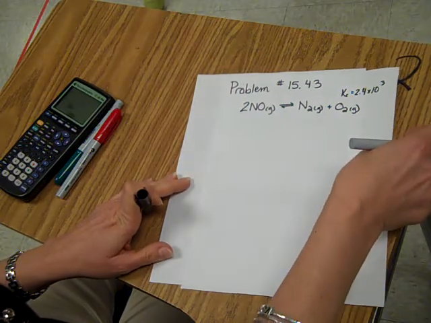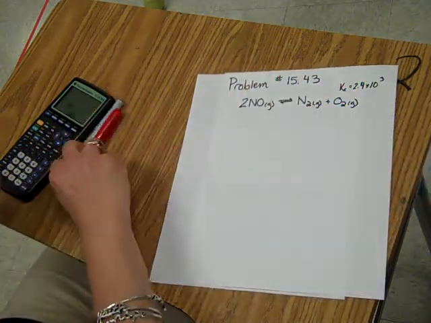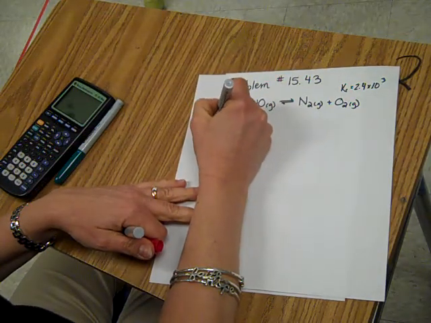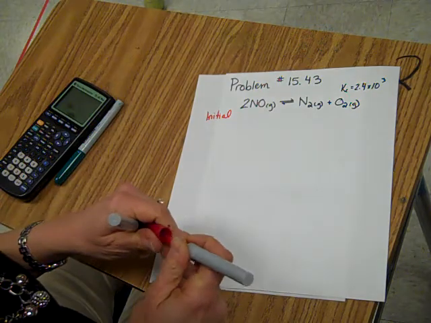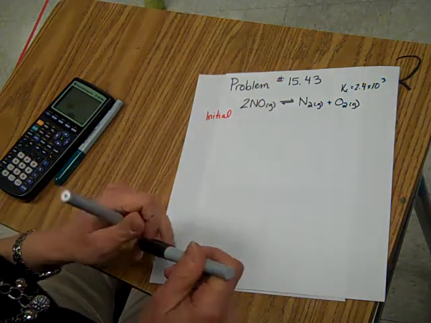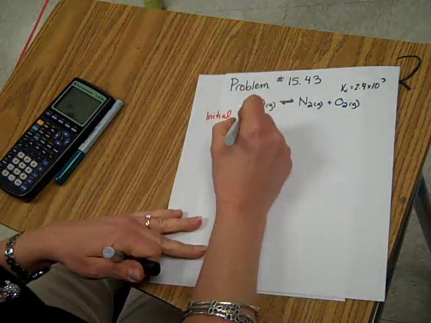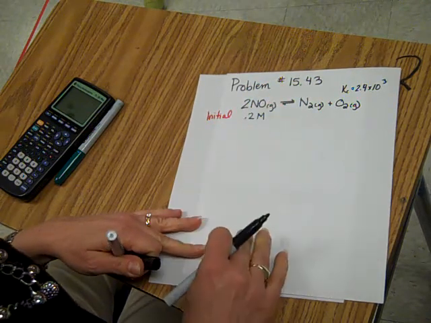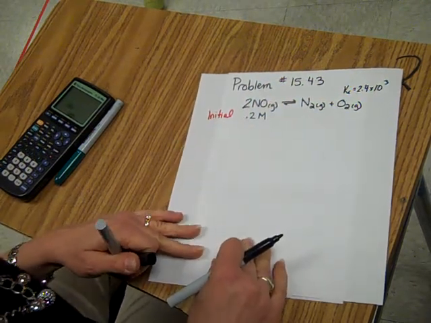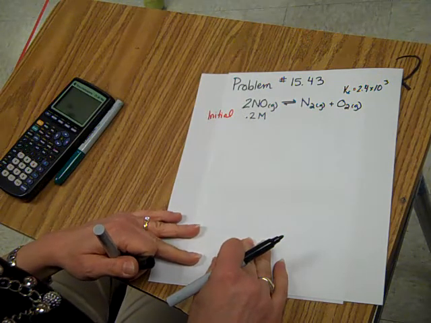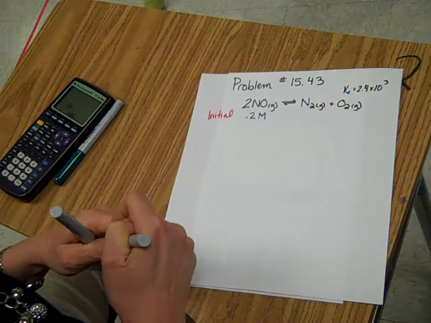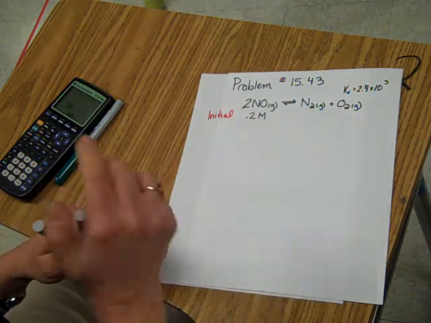We're also told that the initial concentration of the NO is 0.20 molar, and we're not told anything else. We're asked what the equilibrium concentrations of all 3 chemicals are.